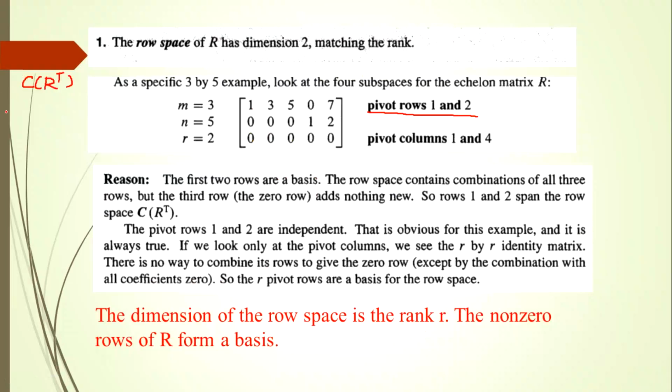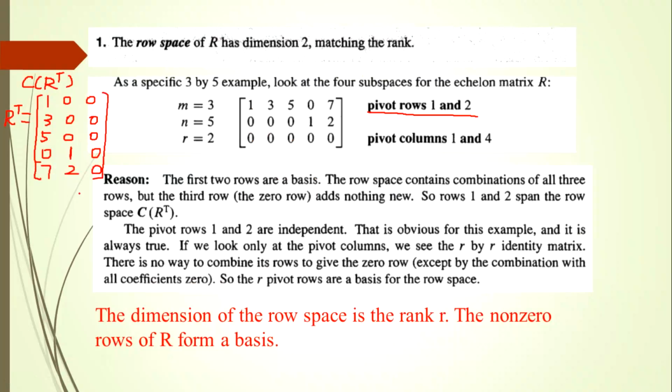Now let's check its transpose. 1 0 0 3 0 0. Get the transpose of this R. 0 1 0, 7 2 0.